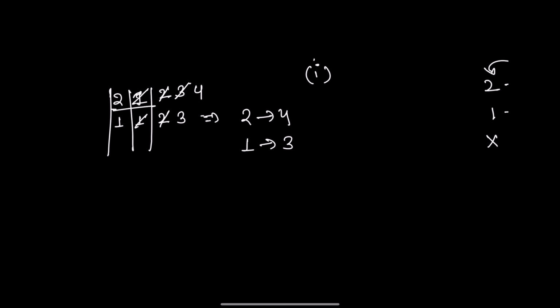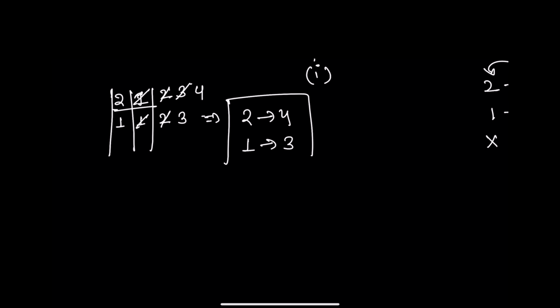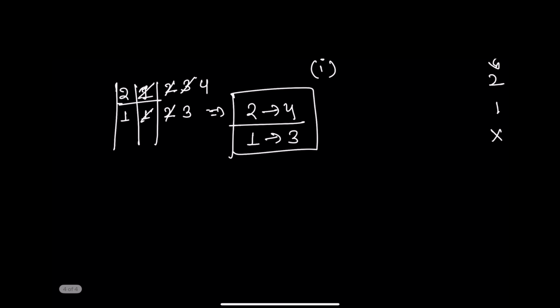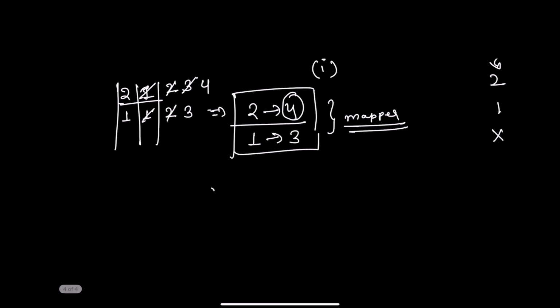Now we got this mapper. Now what we do, we will iterate this mapper and check the frequency of each number. If it is greater than n by 2, that is our answer. So how do we iterate it?